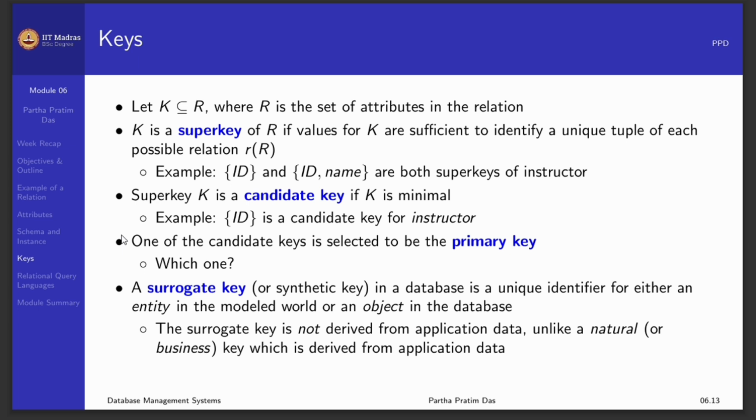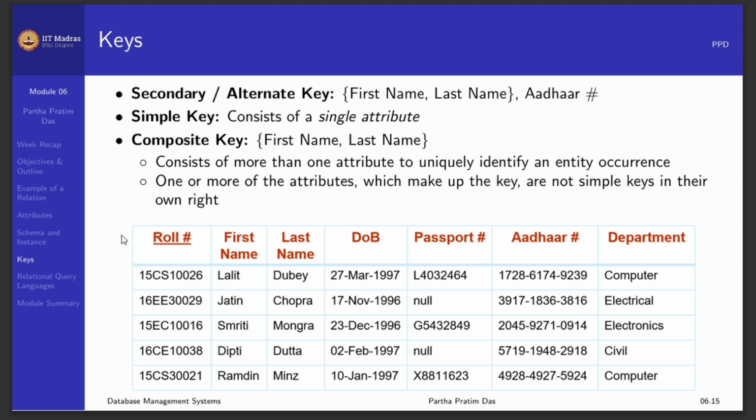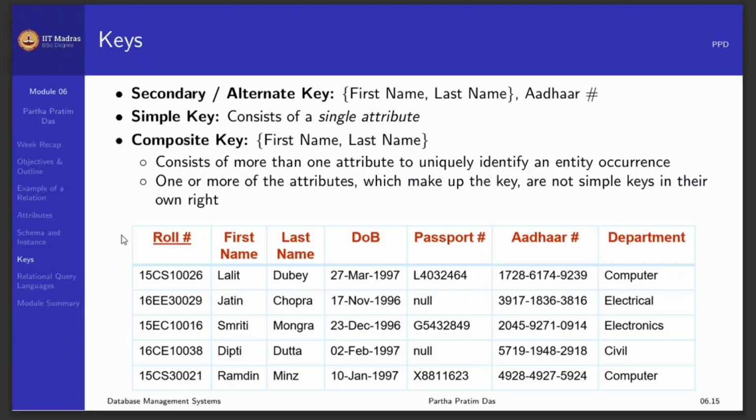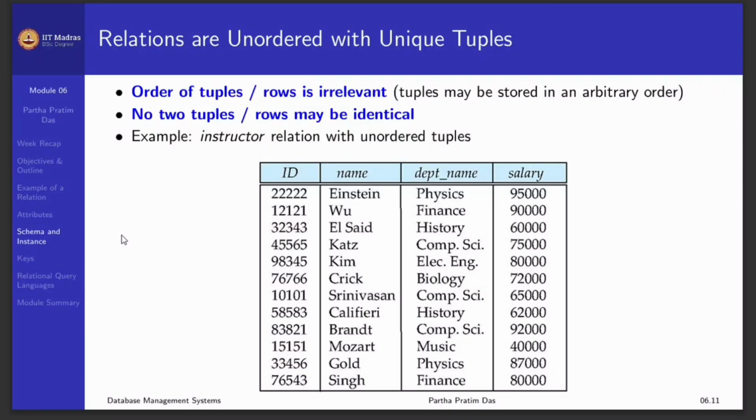Suppose in this case, ID and ID-name are both super keys of the instructor table. Okay, so here we have an instructor table, and if you see the attributes ID and name, these two attributes can uniquely define the whole row, all tuples in the relation. It means that the value of ID and name cannot be repeated more than once in the table.